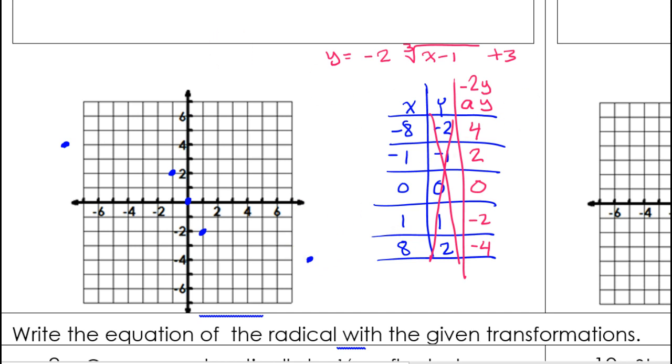So I'm going to treat this as the parent function, and now I'm going to shift everything right 1 and up 3. So right 1 and up 3 would put me here, right 1 up 3, right 1 up 3, right 1 up 3. Okay, so this graph is going to look like this.